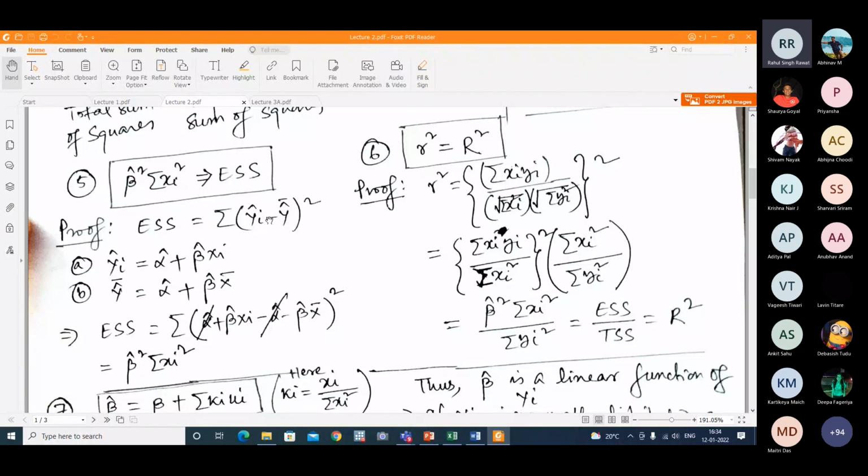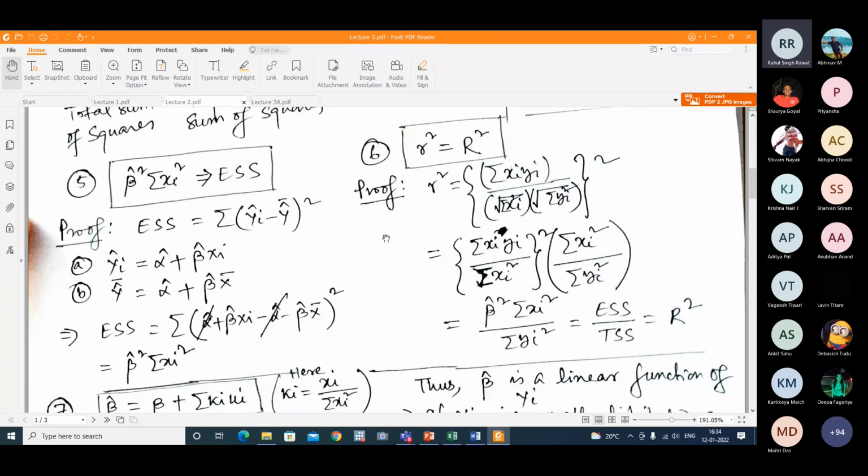This is explained sum of squares. And as I said, yi is equal to alpha hat plus beta hat xi. Then y hat bar is equal to alpha hat plus beta hat x bar. You just put these two here. You will get beta hat square times summation of xi square.